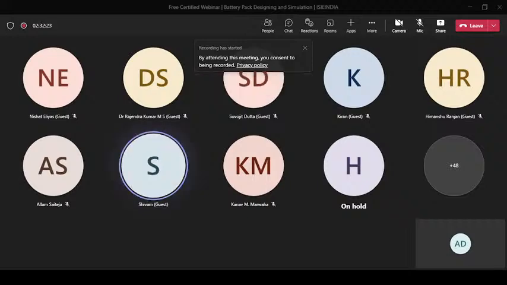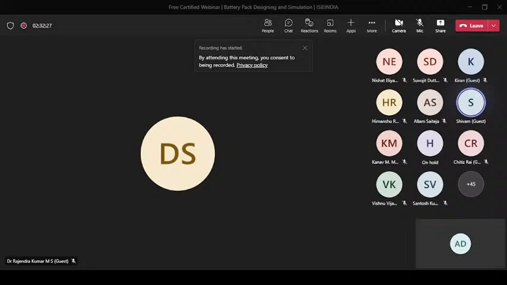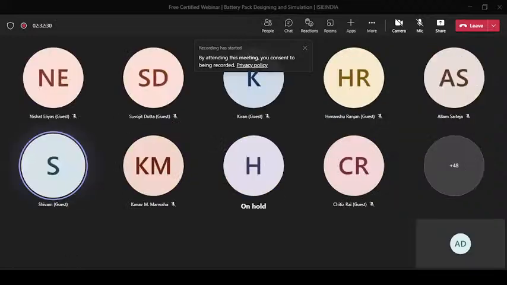What is the overall load of your vehicle, what is the maximum speed you want from that vehicle, what is the power of the motor that you want, and what is the maximum or minimum voltage of the cell.